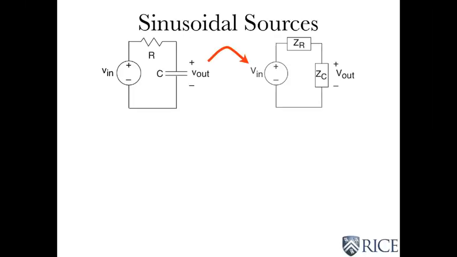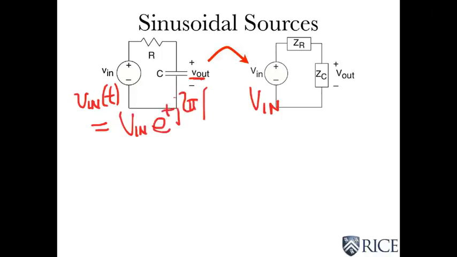We replaced it, thought about it as an impedance kind of circuit, and I want to make sure we note that this is a lowercase v in of t, and this is lowercase v out of t. But over here we're only talking about the complex amplitude. So I'm thinking about this as being a complex exponential source, and now everything in this circuit is a complex amplitude.